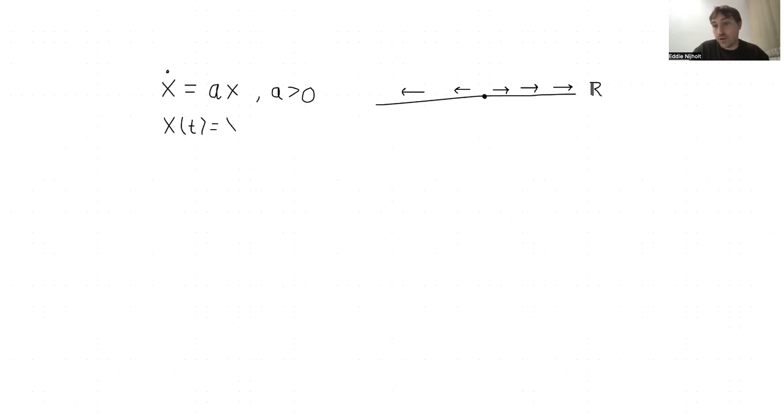So x0 is wherever you were when t is equal to 0. And then we know it's just going to be e to the power at. So this is just going to fly off to plus infinity or minus infinity, except of course when you're precisely at that origin. So we have a single fixed point and it's unstable.